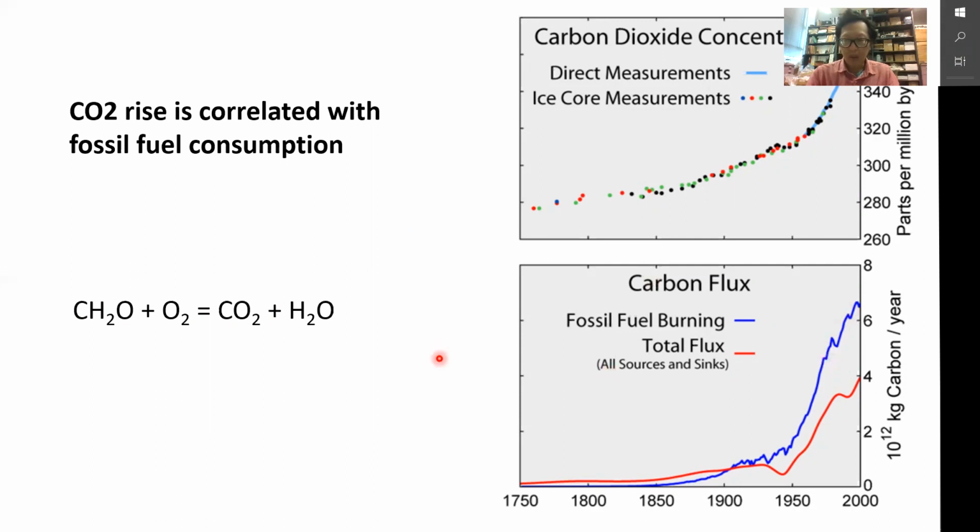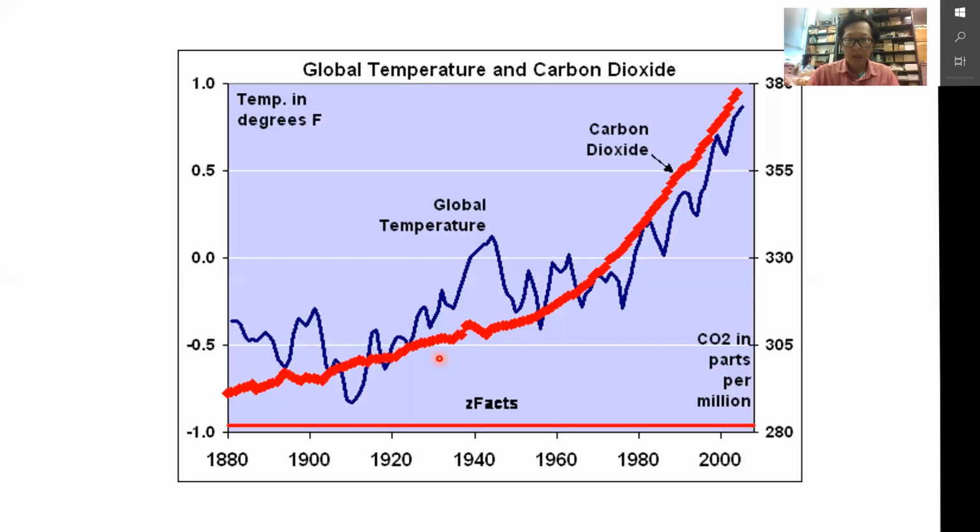So I don't think there's any doubt that the recent rise in CO2 is caused by fossil fuel burning. Even the climate skeptics, I don't think, disagree with that. The only disagreement is what is the impact of this higher CO2 on temperature, precipitation, and all sorts of things. And there indeed is a lot of debate on that.